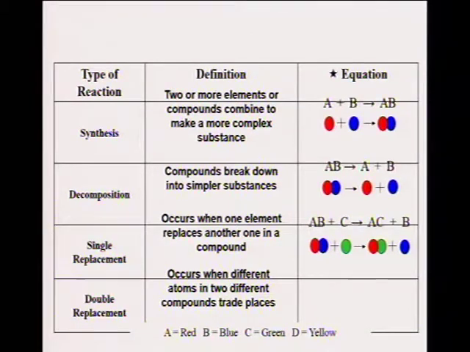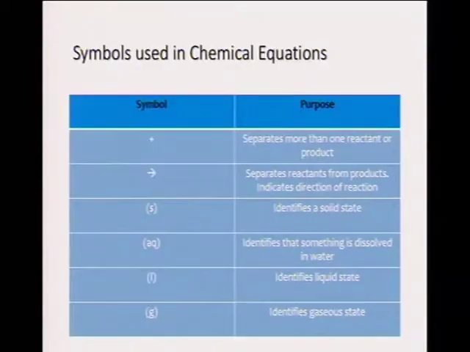We have a decomposition where a compound breaks down into simpler substances. For example, here in the equation, AB breaks down to form A and B. We have a replacement and a double replacement. This I will not discuss in detail.